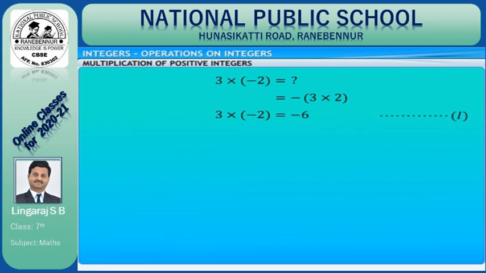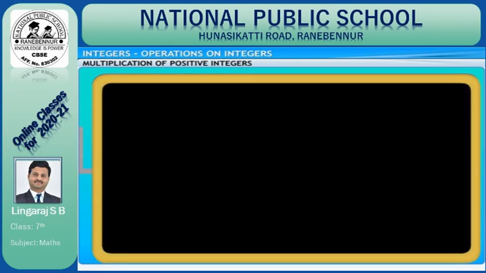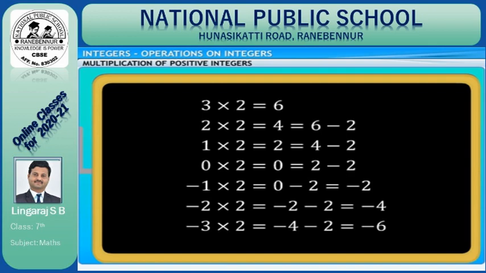Let's mark this as result 1. But what if you multiply a negative integer by a positive integer? To understand this, let's take a look at the pattern followed. The pattern suggests that the product of a negative integer with a positive integer gives a negative integer.